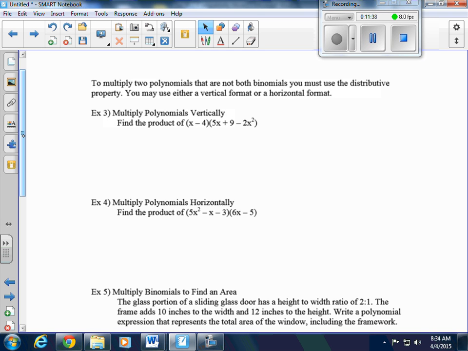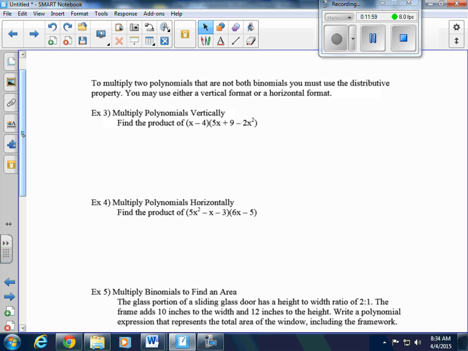What if one's a trinomial, like in example 3? Well, you can only use foiling if we have 2 binomials. If they're not both binomials, you cannot use FOIL method. You'll have to use the distributive property.